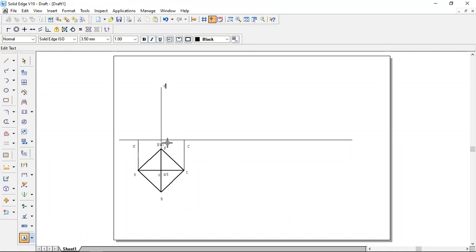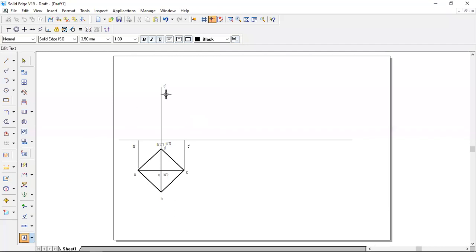And where is O1 dash? O1 dash also coincides with B dash and D dash. So I can represent it as O1 dash, which is also not visible.